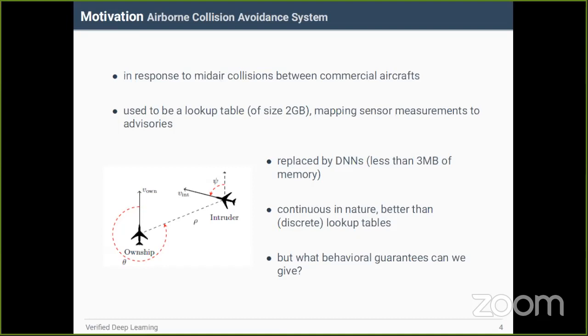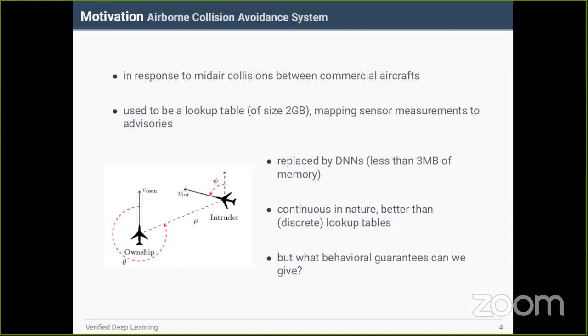They have a meaning, and you want to choose one of those instructions. Earlier this was happening through a lookup table, because you have to argue about so many different possibilities of the sensor inputs. And this was going to the size of 2 GB, and apparently it was not allowed to have so much memory to be able to certify these things before they can be used commercially.